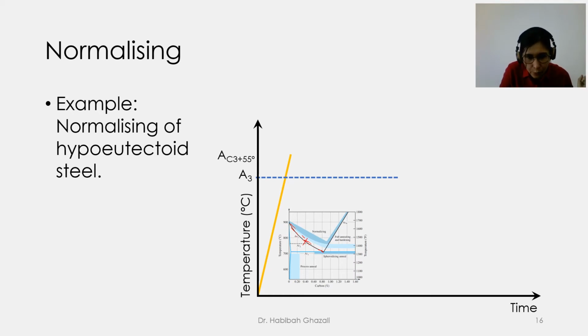So let's say you have 0.4. This is the temperature where the ferrite and cementite, all of them are going to change to austenite. So you heat it up 55 degrees above that point there.